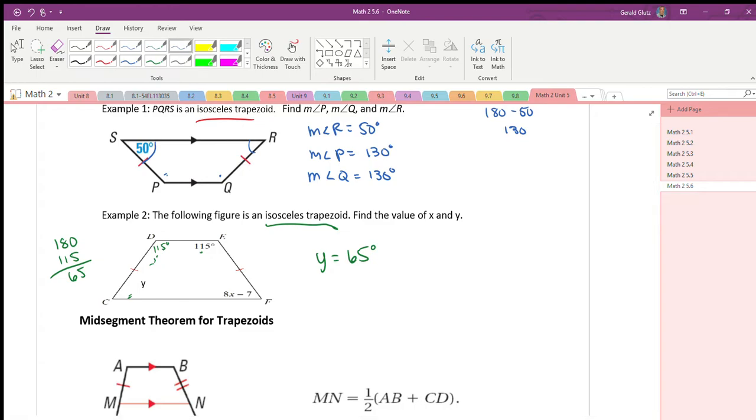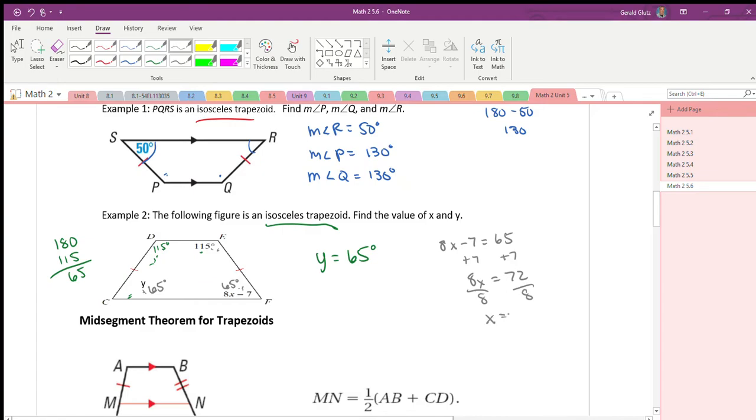So then there's a couple ways I can do this. I know that these two are supplementary, but I know that these two are congruent. So if this is 65, this has to also be 65. That means 8x minus 7 has to be equal to 65. So add 7 to both sides. 8x is equal to 72, and divide by 8 on both sides.